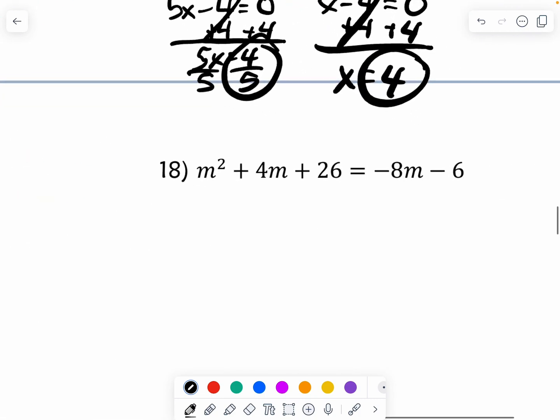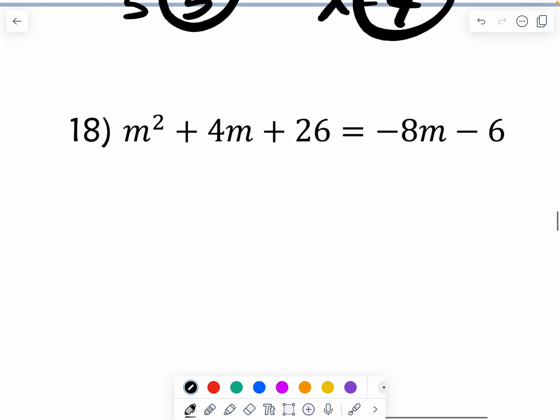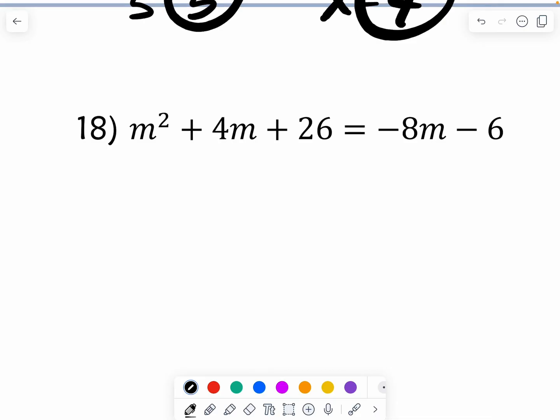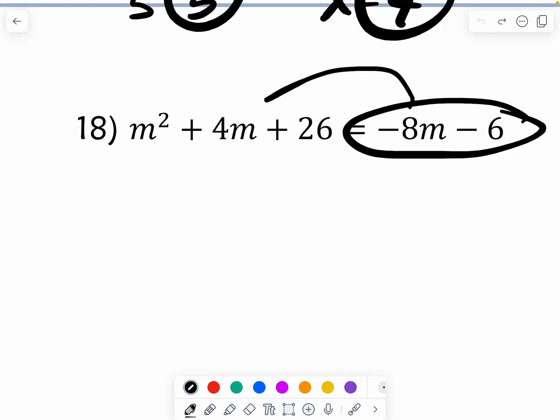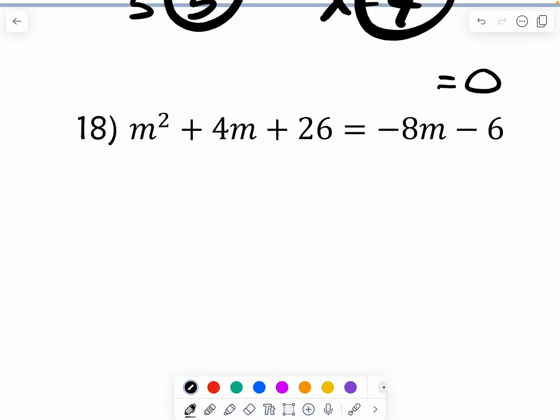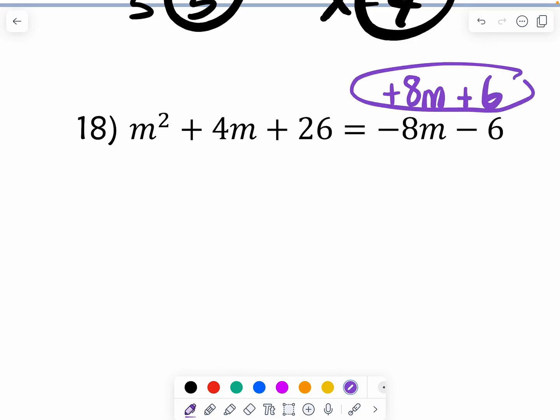Okay, last factoring problem on here with solving. So again, not equal to 0. I need this stuff over here so that it equals 0. So how do I do that? I do the opposites. So to get rid of minus 8m, I'm going to do plus 8m. To get rid of minus 6, I'm going to do plus 6. And I'm going to move all of that over here.